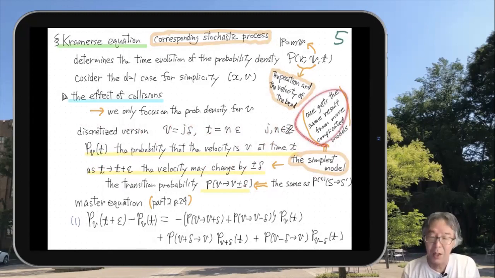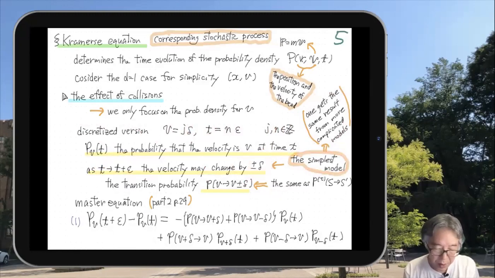But even if you consider this kind of complicated system, there is some sort of central limit theorem type mechanism going on, and you finally get exactly the same result in the continuum limit. So you don't have to worry too much about the simplicity of the model. So we only consider the simplest model in which we can change by plus or minus delta.